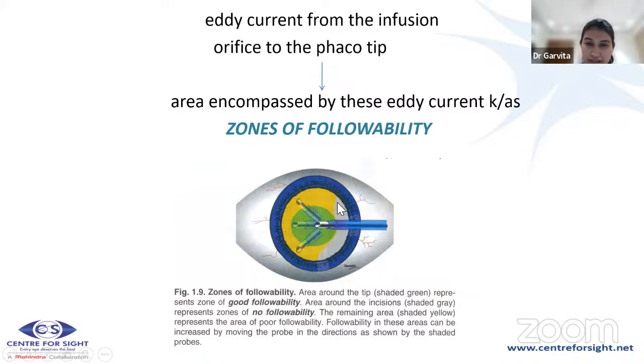The remaining area, shaded yellow, has poor followability. So to achieve removal of material from this area, you need to move your phaco probe just slightly, not to pull on the iris or the capsular bag, but you can maneuver your instrument to aspirate the fragments in these areas.